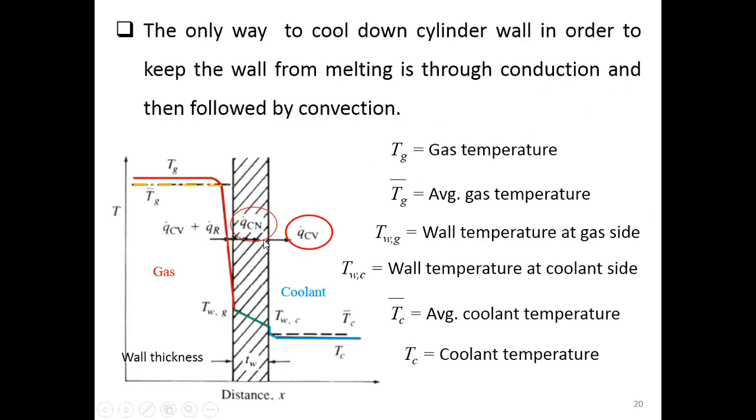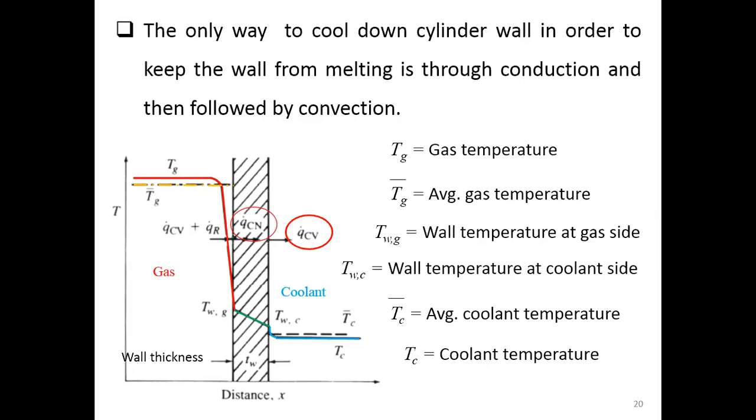And after the heat goes to the far end of the wall here, it has to go out. How does it go out? It needs convective heat transfer to let it go out from the wall, right? So we are talking about the same amount of heat.